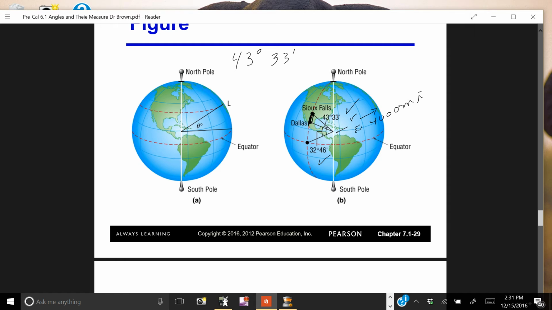So to do the subtraction, we would have to write the 43 as 42 degrees and 60 plus 33.